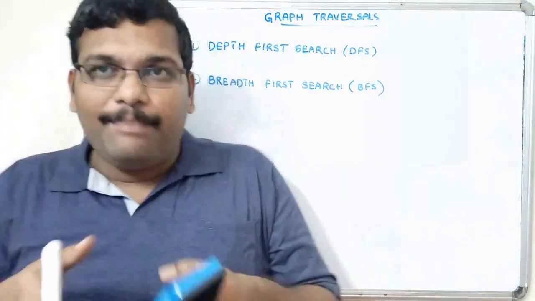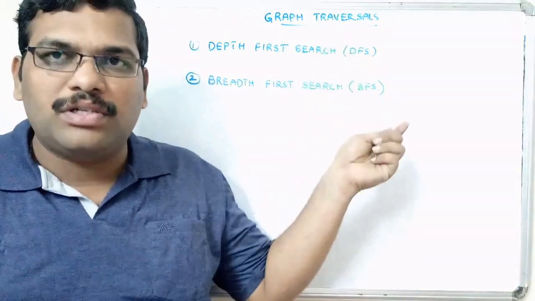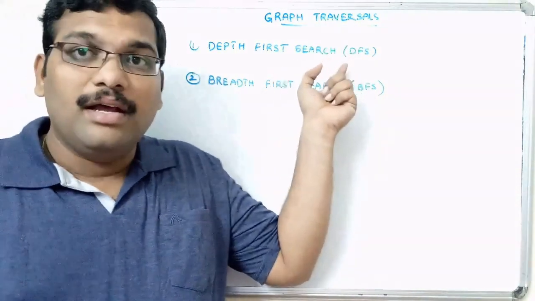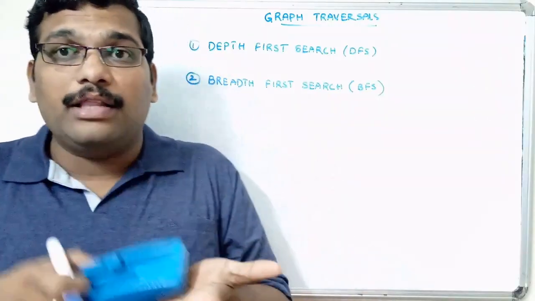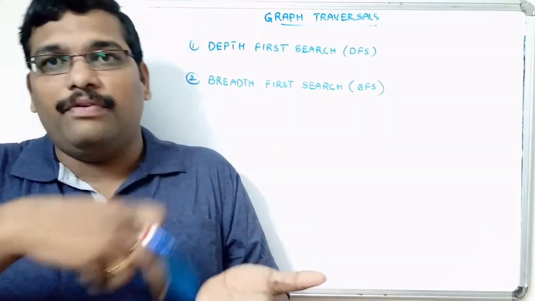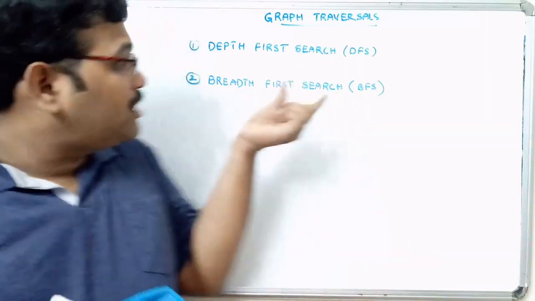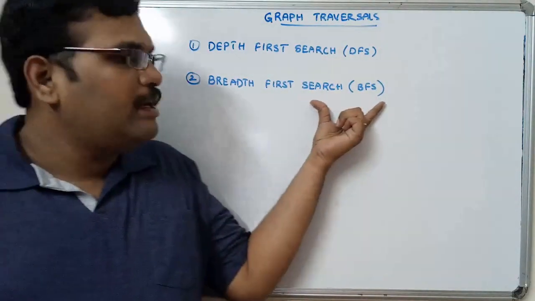Based upon the depth we will travel all the nodes of a graph, that is called DFS. Based upon the breadth, that means level, we have to visit all the nodes of the same level, then only we will shift to the next level. In such a way we will go with the BFS.